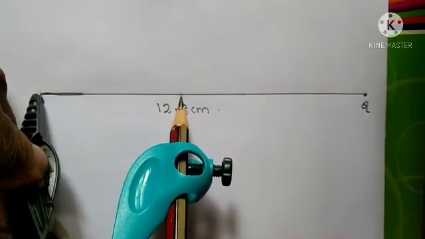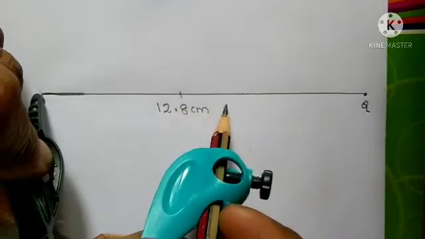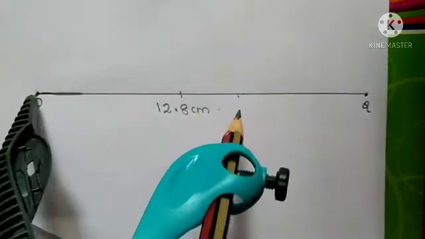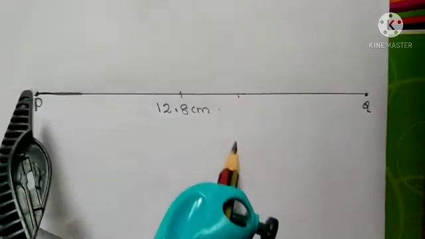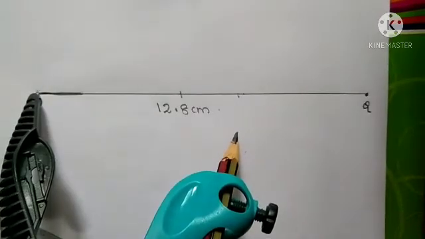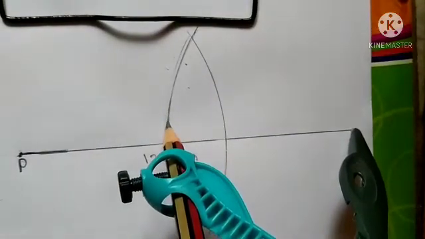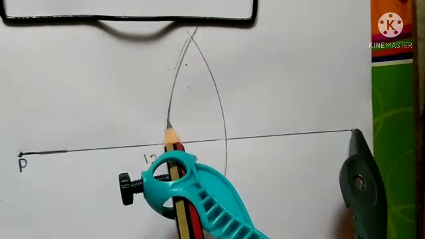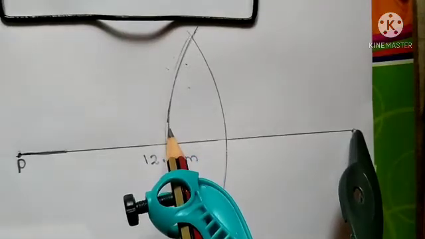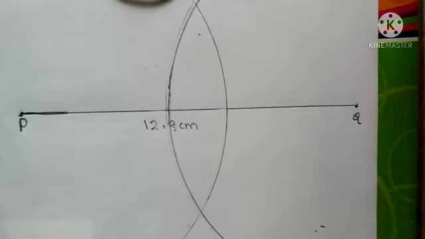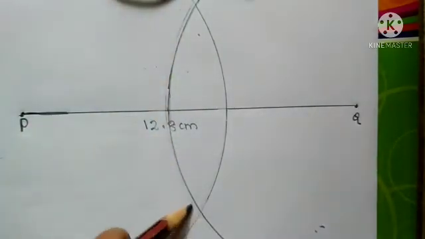We have learned it. So here how we will draw the bisector? More than half in the compass. More than half of this line segment and we will draw from this point. Then from the point Q also we will draw arc with the same radius. Next we will join these two meeting points of this arc.